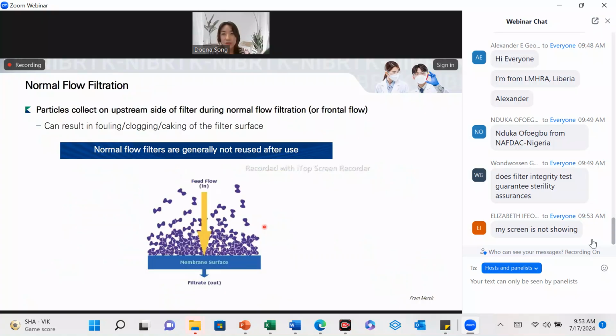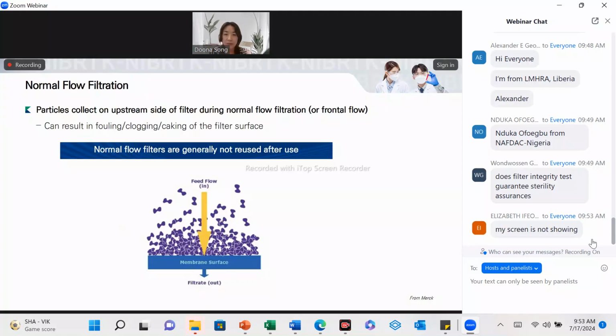These types of filters, like depth filtration, bioburden reduction, and straw filtration, use a method called normal flow filtration, NFF. Normal flow filtration works in a way similar to making drip coffee. As shown in the picture, the feed goes into the filter and the filtrate comes out in the same direction.